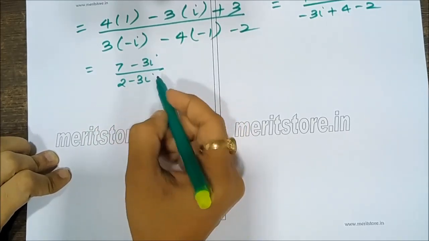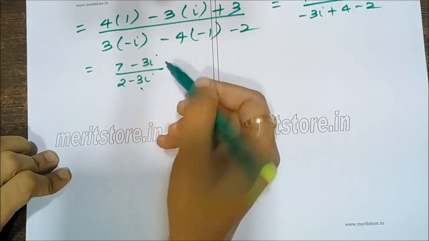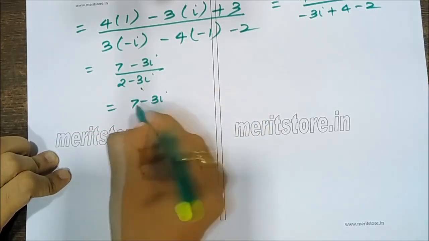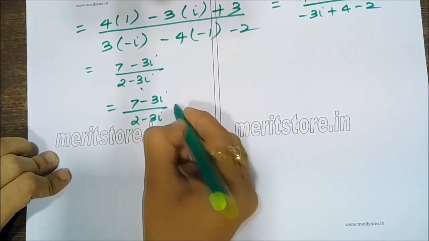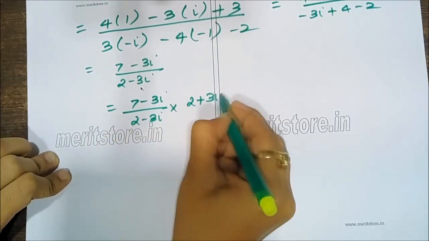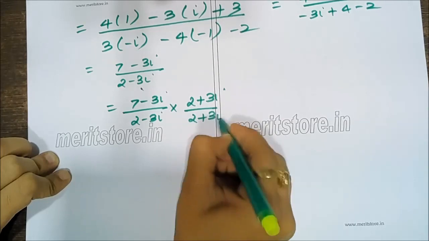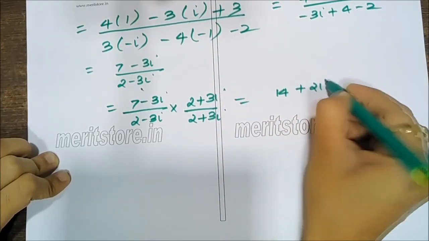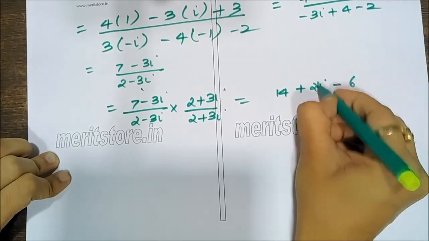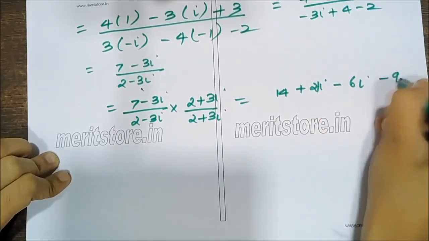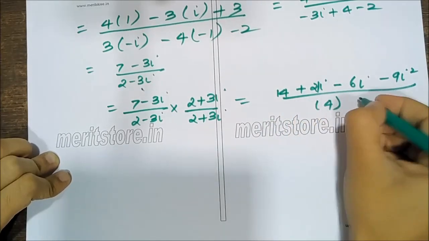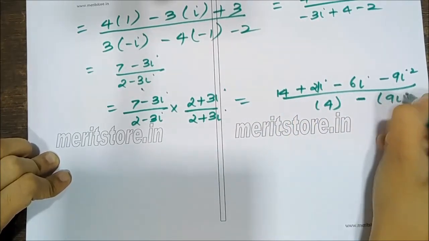Whenever it is in the form of division, you will take the conjugate of the denominator and multiply and divide with it. So 7 minus 3i upon 2 minus 3i into 2 plus 3i upon 2 plus 3i. Opening the brackets, 14 plus 21i minus 6i minus 9i square upon 4 minus 9i square.